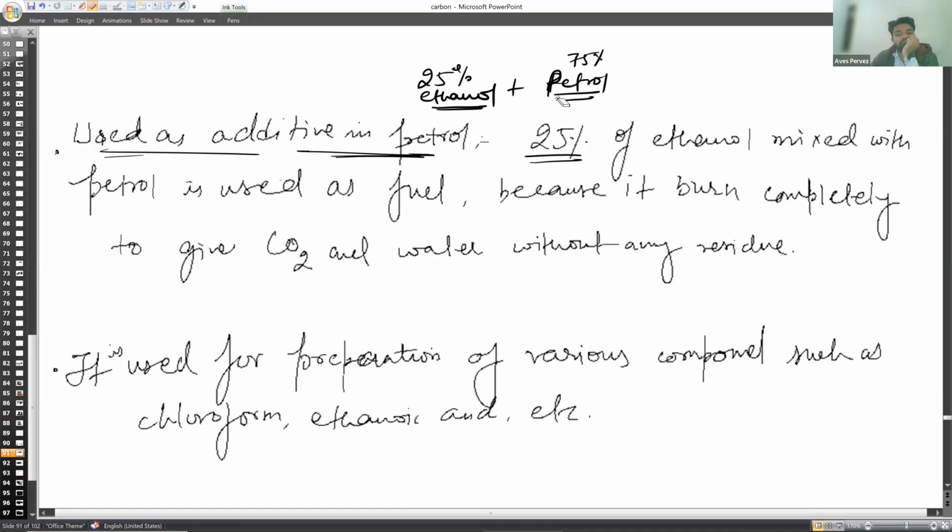Done? Only just write it: used as an additive in petrol, 25% ethanol.